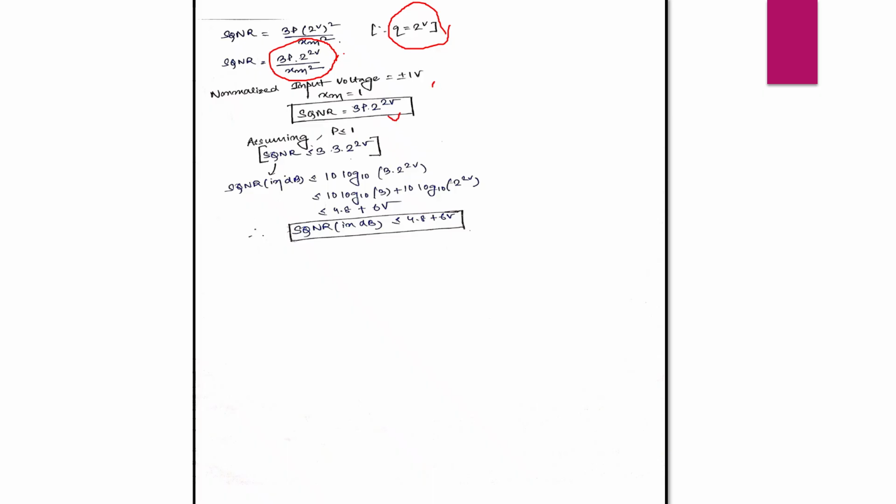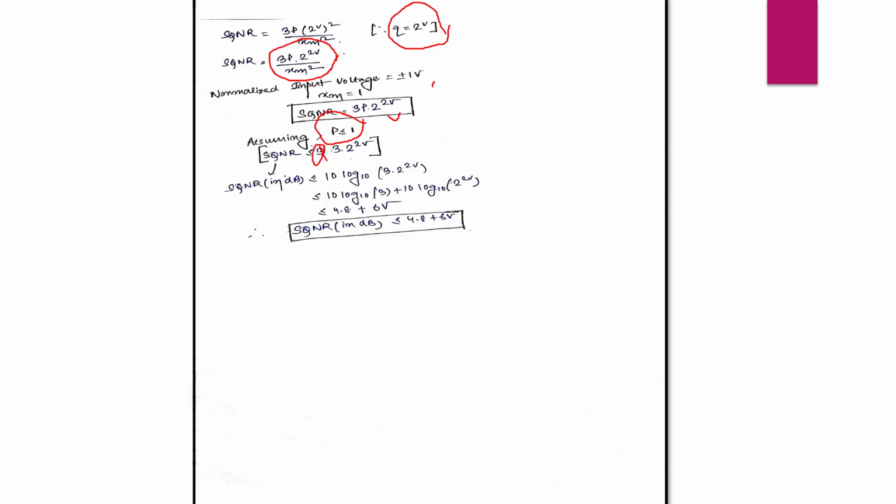Then we can assume that the signal power is less than or equal to 1, so that we again get SQNR less than or equal to 3 into 2 to the power 2v. Actually, a mistake was made here.